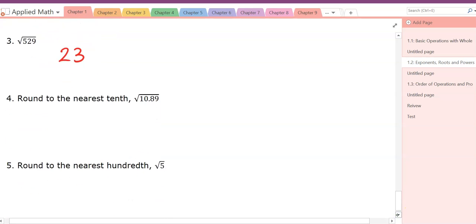Sometimes with our square roots, we don't get nice whole numbers because not every number is going to be a perfect square. So for this one, we want to square root this and round it to the nearest 10th. When I do that, I get 3.3. And for number 5, they want us to round to the nearest 100th, so that would be 2 decimal places out. And so we get 2.24.